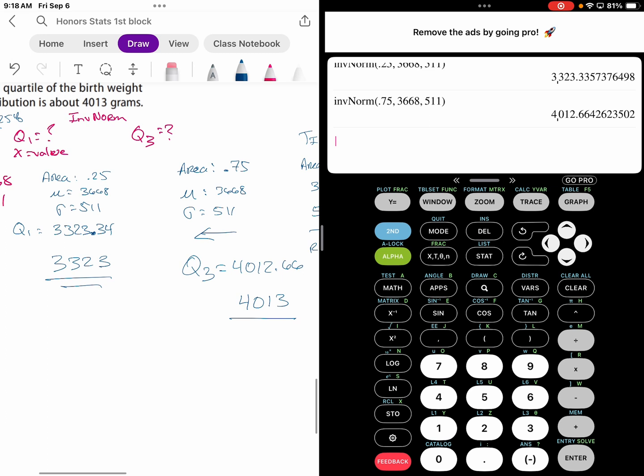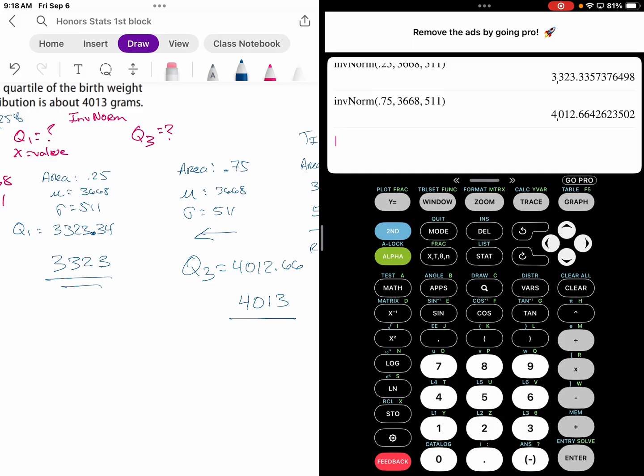Now I will say, in some cases in our stats course, we will always round up. Just like with percentiles, we always rounded down to the percent to the left. Even if it was 16.9, we would say it was the 16th percentile, because you had to make sure you didn't have anything to the right of it.